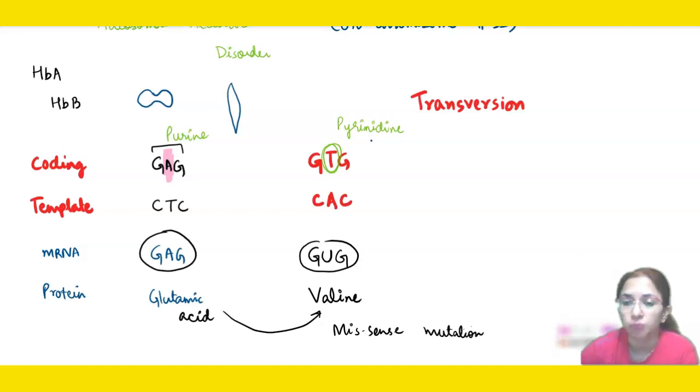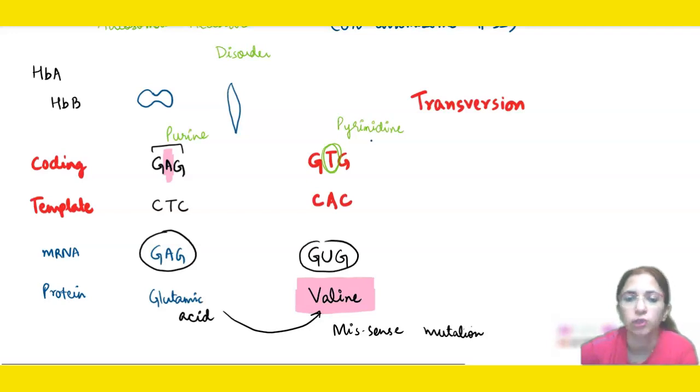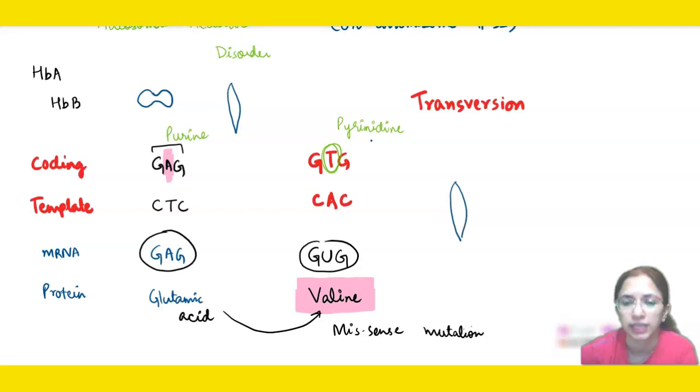This is a point mutation because there is a change in only one nucleotide. It is a missense mutation because the amino acid has changed. Now this newly formed valine will disturb the forces acting in the hemoglobin molecule, and this is responsible for making the RBCs sickle shaped.